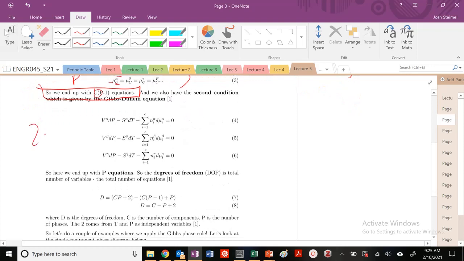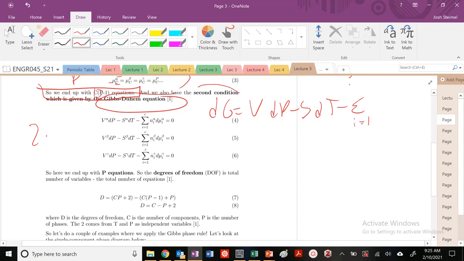Now, the second condition that we have to consider is given by the Gibbs-Duhem equation. This is essentially that dG is equal to VdP minus SdT plus the sum, with i from 1 to the number of components, of the chemical potential times dN_i in a certain phase.